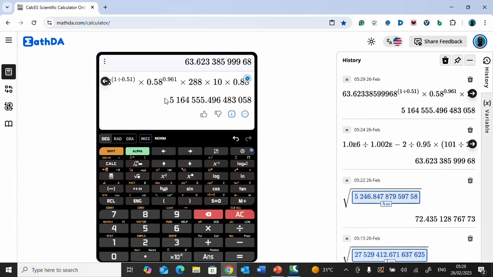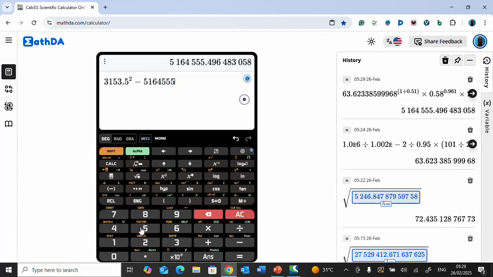This is what we have. So we say 3153.5 square minus this value, which is 5164555.496, equals 4483058.